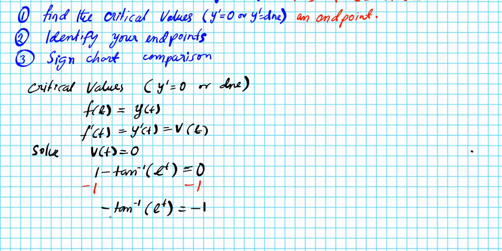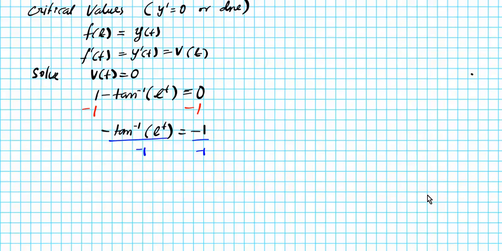Then you divide both sides by -1, and that gives us arctan of e to the t equals positive 1. Then to get rid of arctan, you take the tan of both sides. So you take the tan of arctan of e to the t equals the tan of 1.